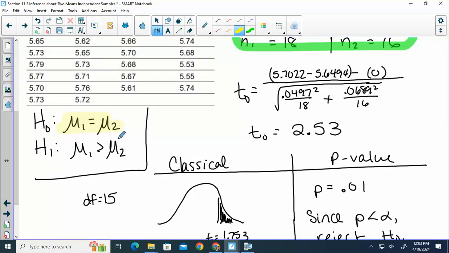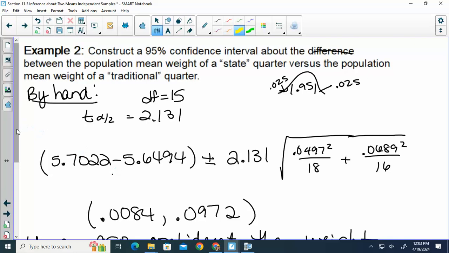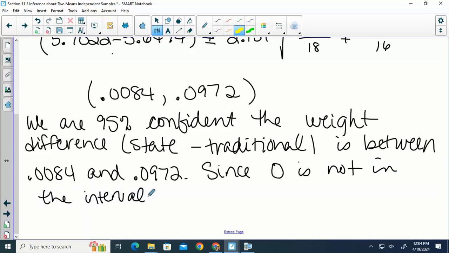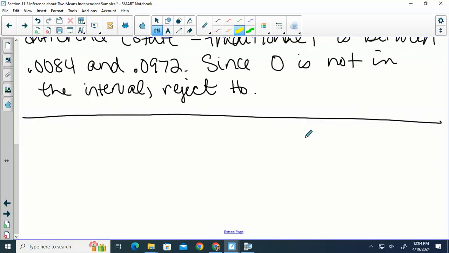If they're equal, then the difference between them should be 0. 0 is not in our interval, so we reject the null. All right, so that's how to do it by hand. Again, all from the formula sheet, just plugging numbers into a formula.